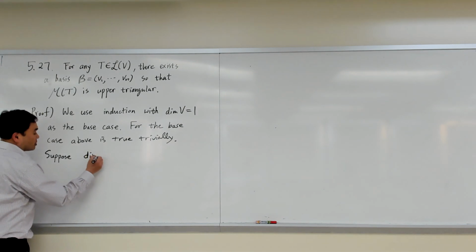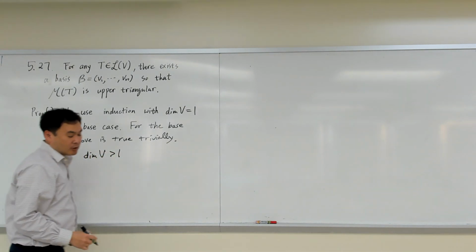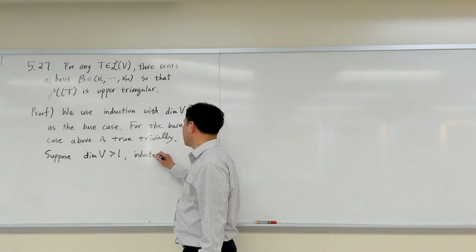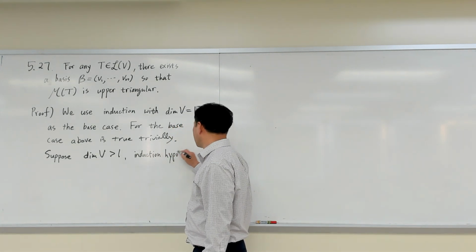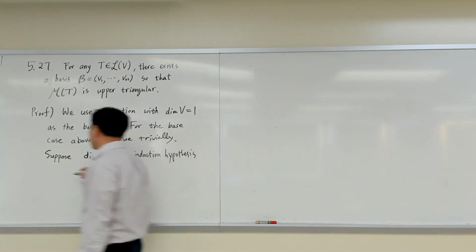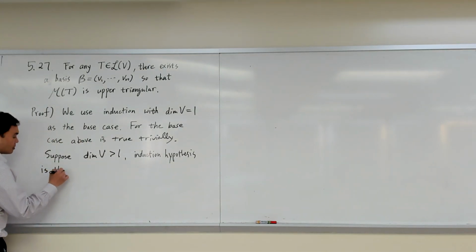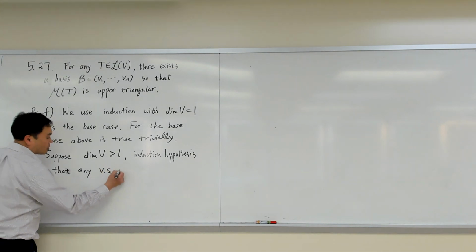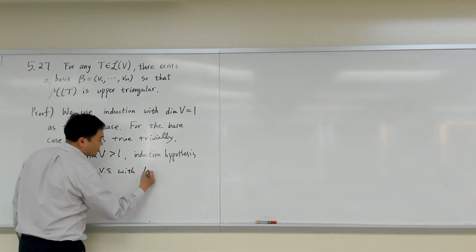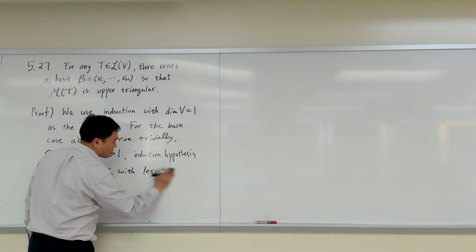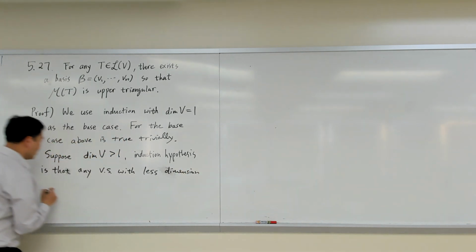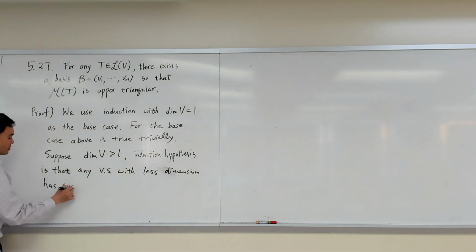Now, suppose dimension of V is bigger than 1, and the induction hypothesis is that any vector space with less dimension has such a basis.